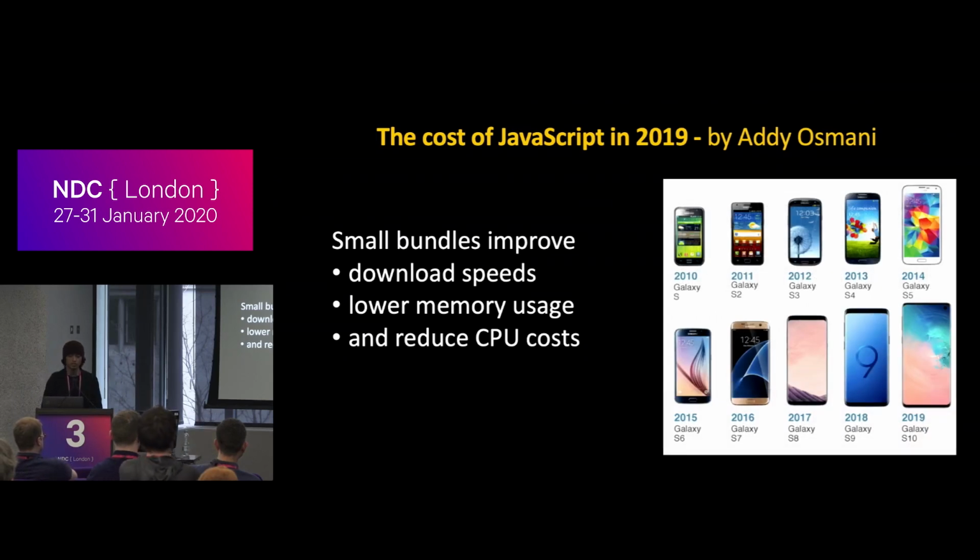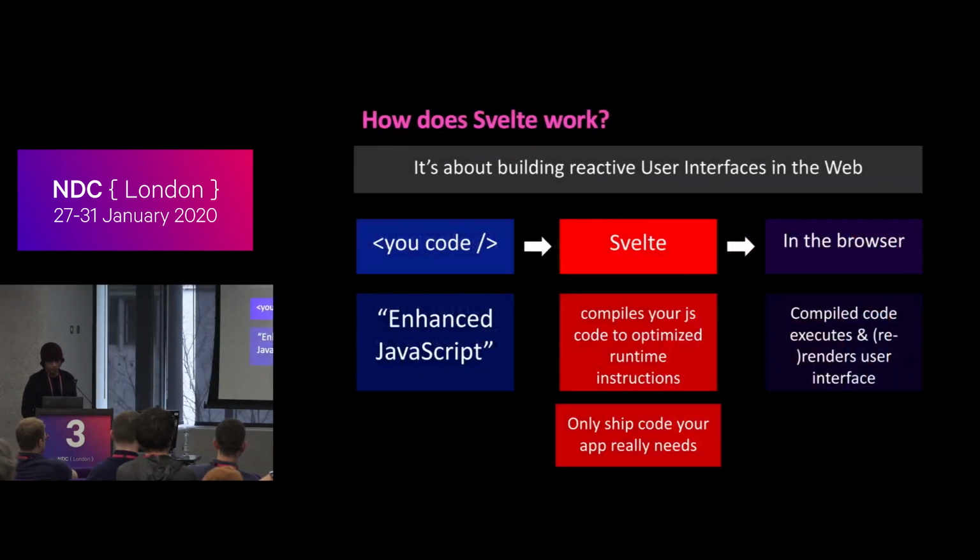You also have to consider, due to differences in CPU, GPU, and thermal throttling, there are huge disparities between the performance of high-end phones and low-end phones. This matters for the performance of JavaScript, as execution is CPU bound. Therefore, in the browser, that compiled code executes and then renders the user interface.